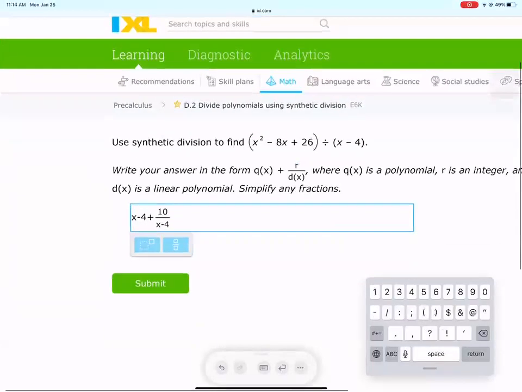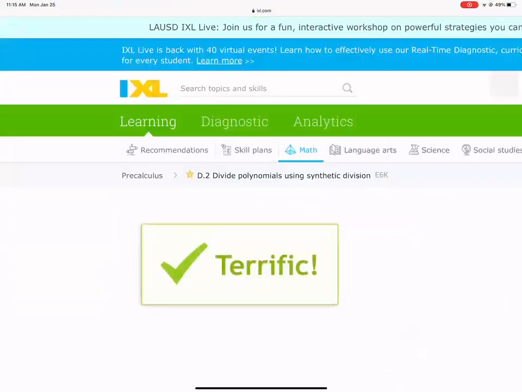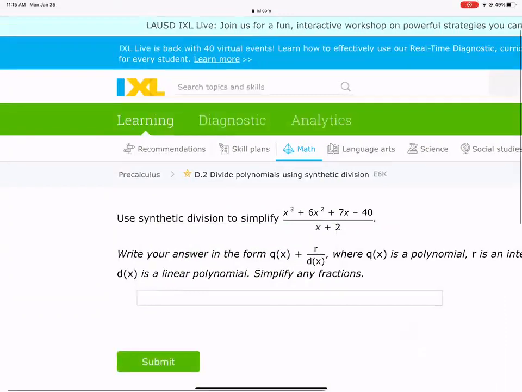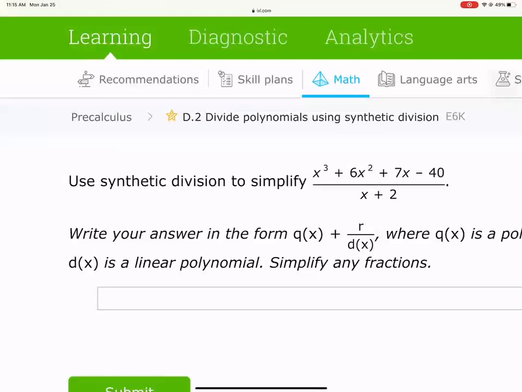So I wrote my polynomial in the front, followed by my fraction in the back. Let's see if this works. Terrific. That was it. When they write division in this form, it's just like what we talked about before. It's just a different format.